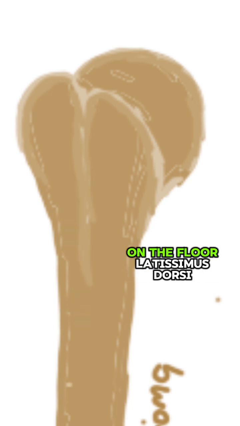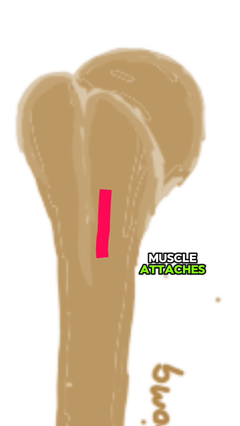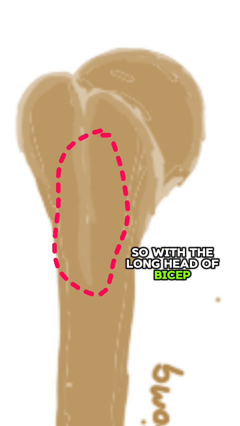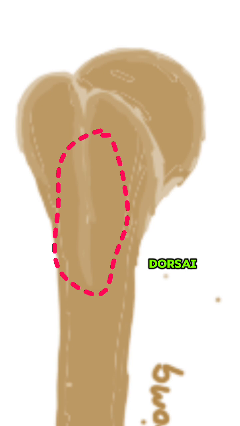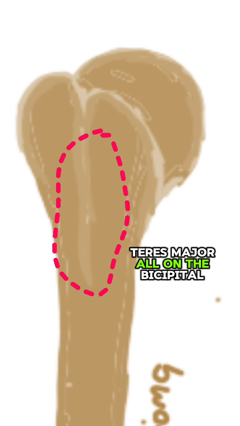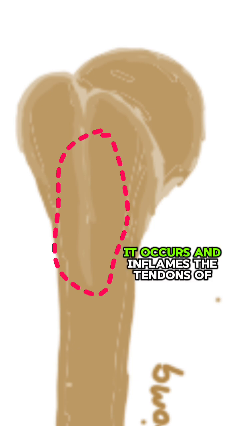On the floor, latissimus dorsi attaches. And on the medial lip, teres major muscle attaches. So, the long head of biceps brachii, pectoralis major, latissimus dorsi, teres major, all on the bicipital groove. If there is bicipital tendinitis, it occurs and inflames the tendons of these muscles.